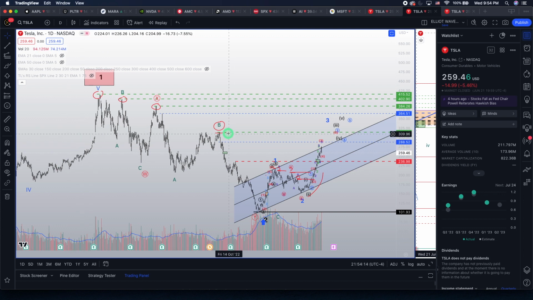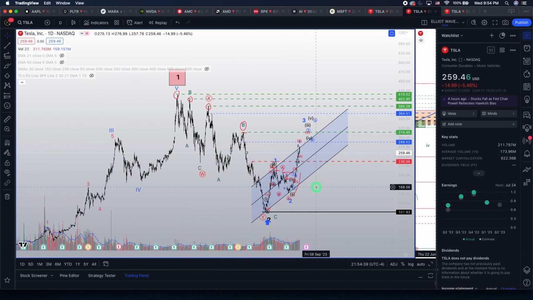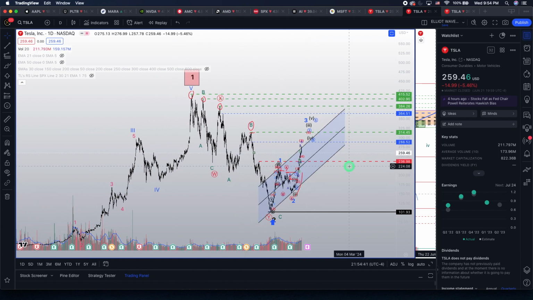The same way we broke this B wave down here, we should break this B wave over here at 314, which is a major resistance, and which is where we believe we should get the breakout in terms of the bull flag breakout. Then the same way we broke the X wave over here, we should break it over here. That's really what I see playing out in terms of the fractal structure.